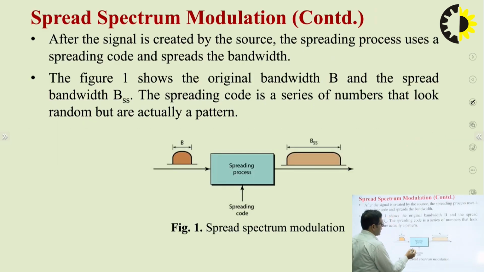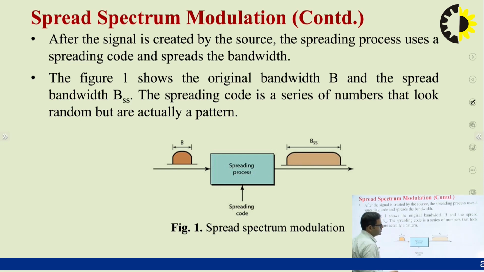Here, this diagram shows how we can enhance the spectrum of the original baseband signal. The spreading task is accomplished with a spreading code, which is shown here.